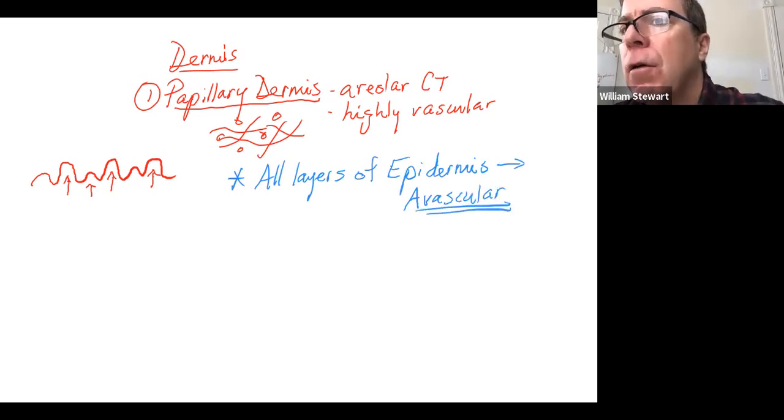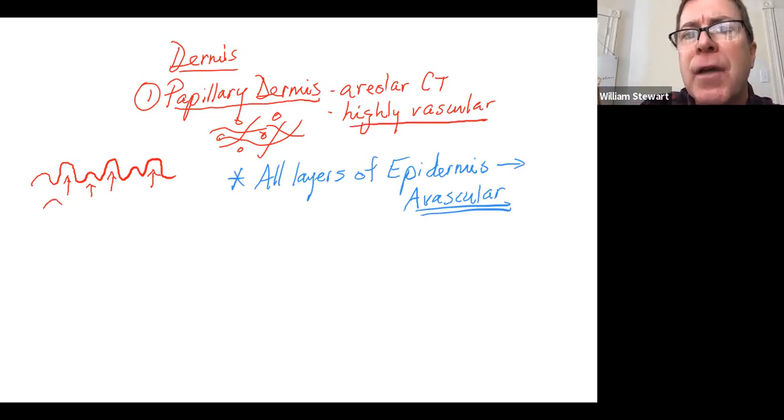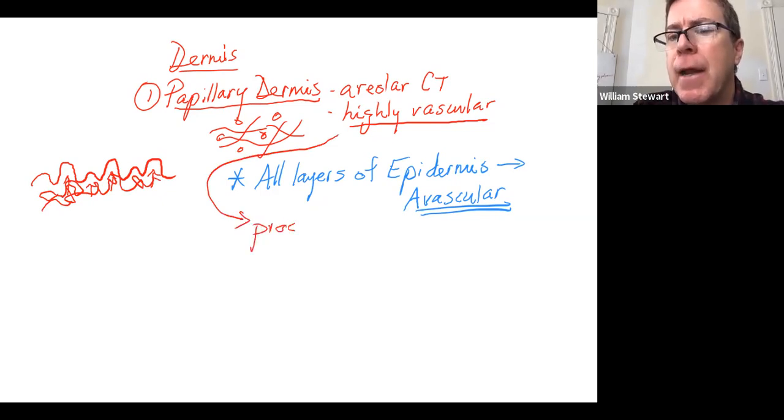Okay, so all layers of the epidermis are avascular. That brings significance to the papillary dermis being highly vascular. So there's lots of blood vessels meandering in this area. That helps provide nutrition to the deepest layers.